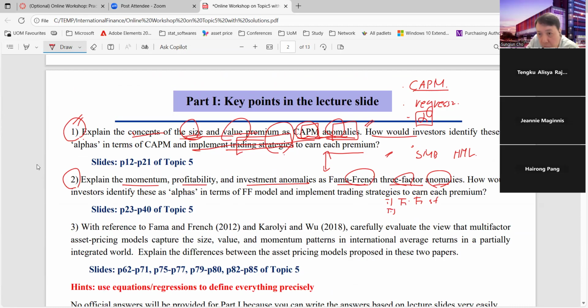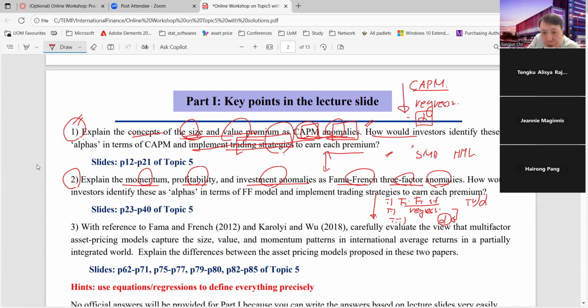Then we need to come up with a regression model to test the Fama-French three-factor model. And then you need to talk about the meaning of alpha in these regressions. And then you have to explain the meaning of momentum, profitability, and investment anomaly as an alpha. I will explain more detail in a minute. This is the overview, just following the same logic.